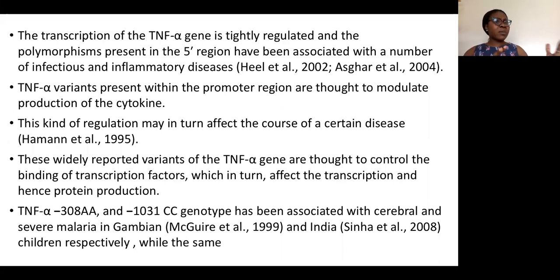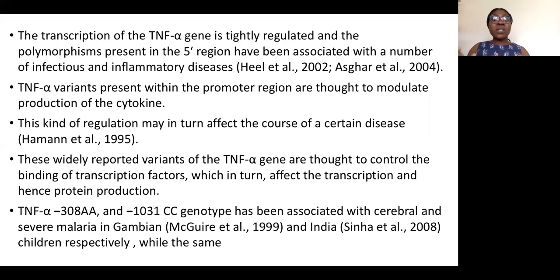The 5' end is close to the promoter region, a region where you have this transcription occurring. So this process of changing from mRNA to proteins occurs, and during this process, we have changes that we call polymorphisms that occur at this 5' end.